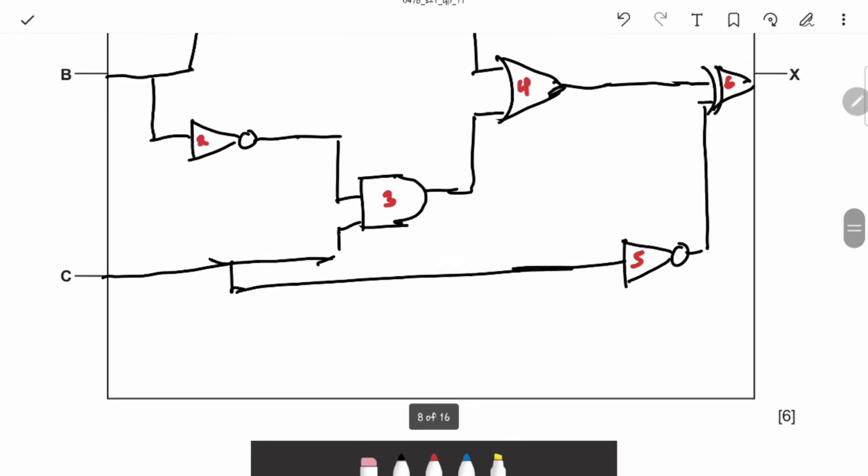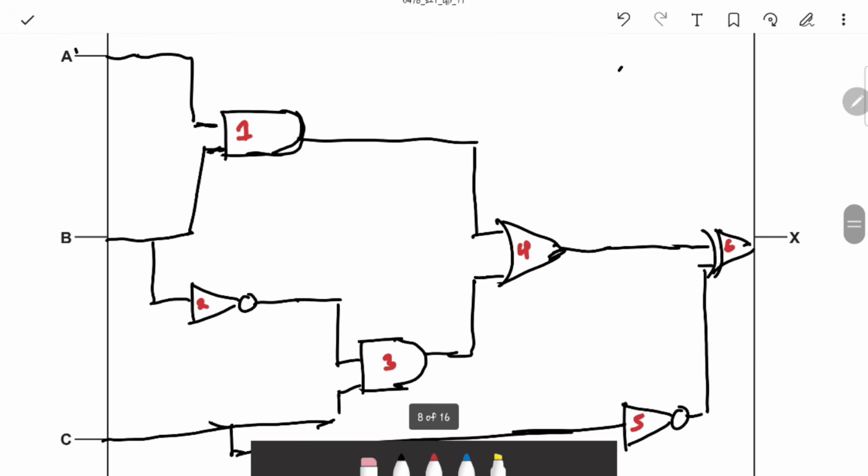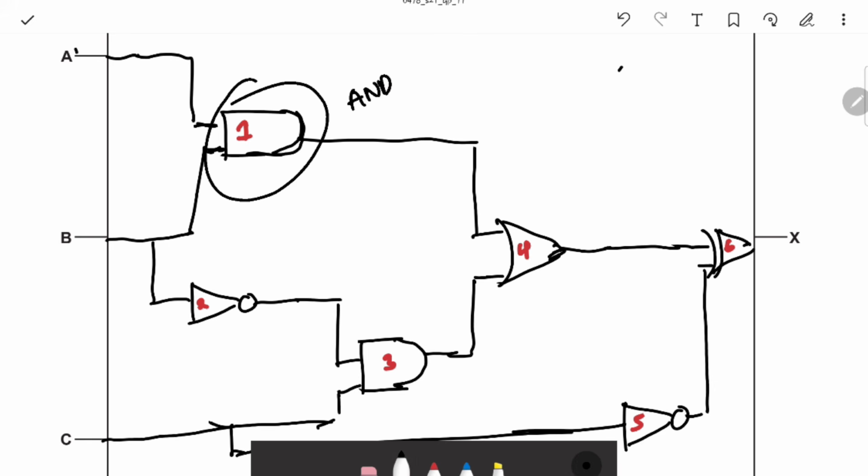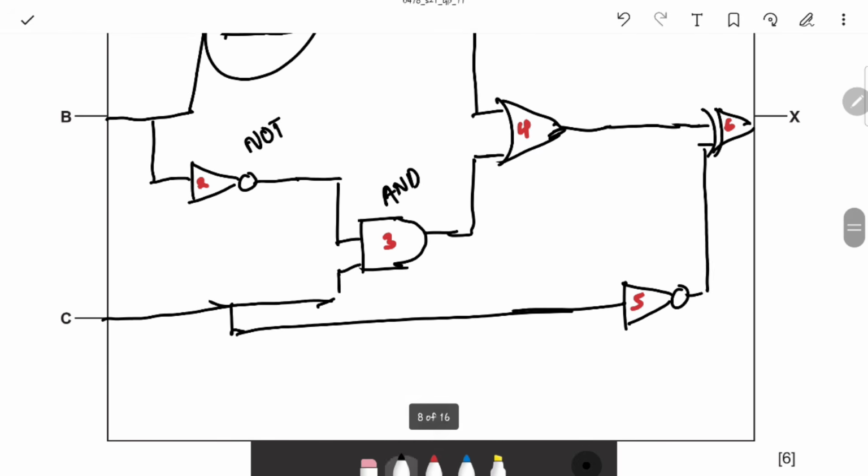Okay, now it's quite simple. Let's start with number 1. Number 1 is joined by A and B, and remember it is an AND gate. Now some people like to write the name of the gate on top so they don't get confused. You can do that. This is the NOT gate, this is the AND gate, this is the NOT gate, this is the OR gate, this is the XOR gate.